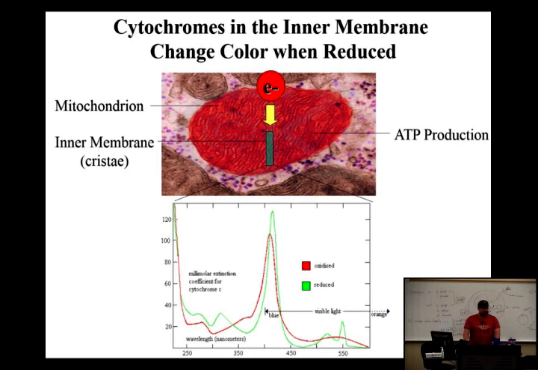Color, right? So they noticed that they changed color. These proteins changed color based on whether they were oxidized or reduced. If they were oxidized, they emitted a red wavelength, and if they were reduced, they emitted a green wavelength, right? And they could detect that. They used the spectrophotometer just like we use in the lab.